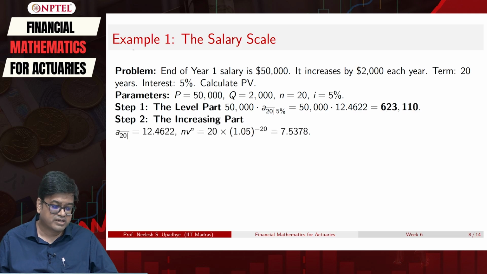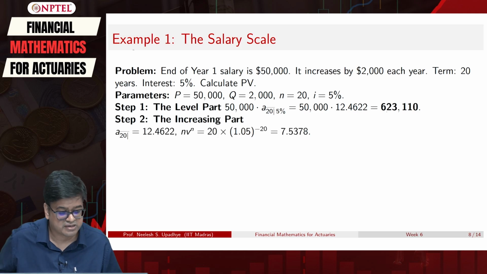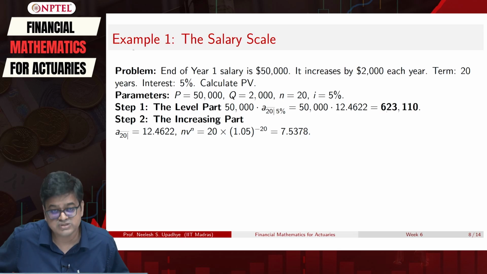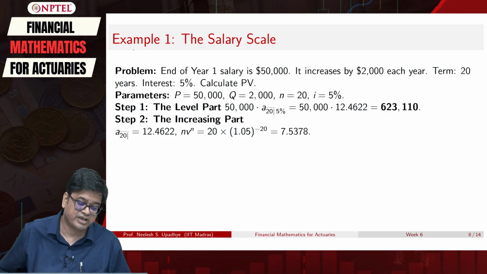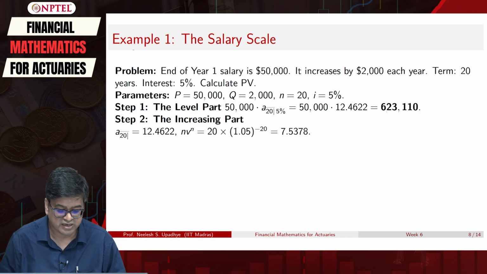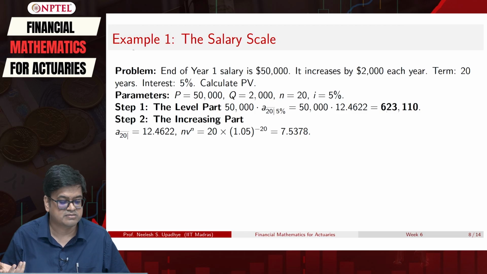The new part that we have is the increasing part. So there I do not have to use annuity due, I have to use annuity immediate. So A20 only is required. N V raised to N you can easily calculate, it becomes 7.538, and then it is just a matter of algebra.